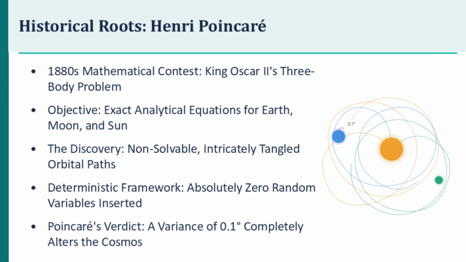He wrote that a tenth of a degree variance in initial conditions could produce a completely different cosmic arrangement later on. This was the first formal mathematical realization of deterministic chaos, though the tools of his era were not yet advanced enough to fully visualize it.